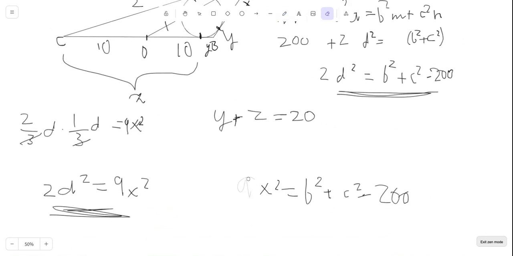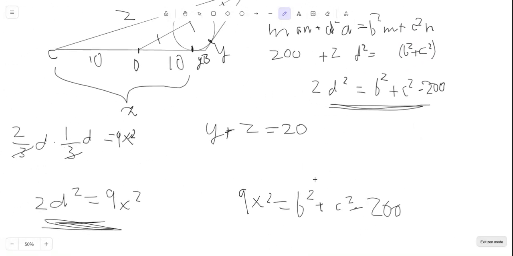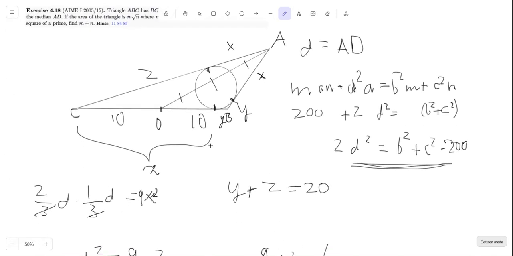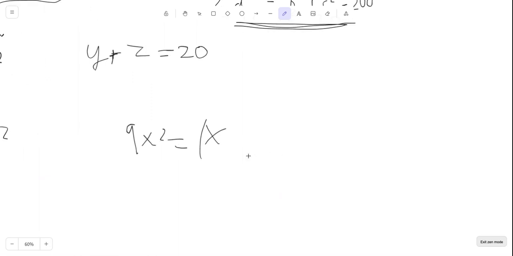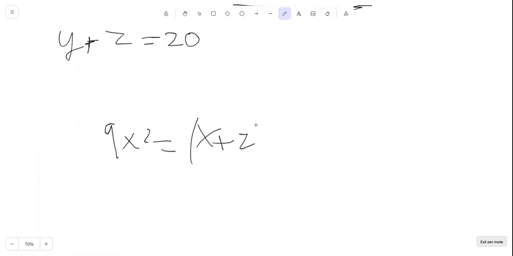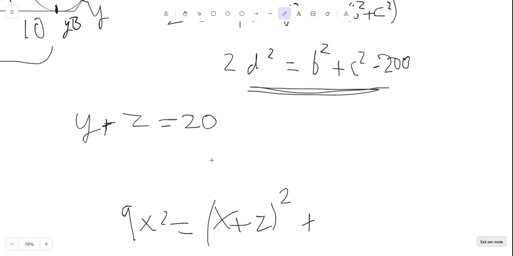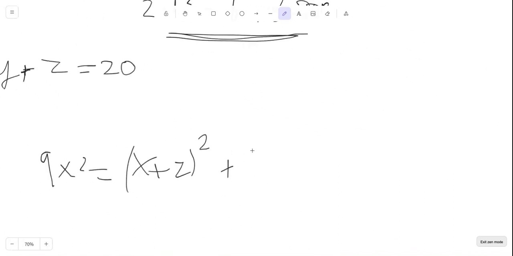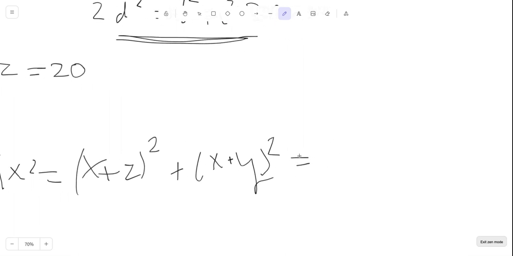Now we can express b and c in terms of the three other variables we made, x, y, and z. So what is b? Well, b is simply the side opposite point B, so it's x plus z. And c is the side opposite point C, which is x plus y. I made these substitutions with the three new variables to use power of a point.